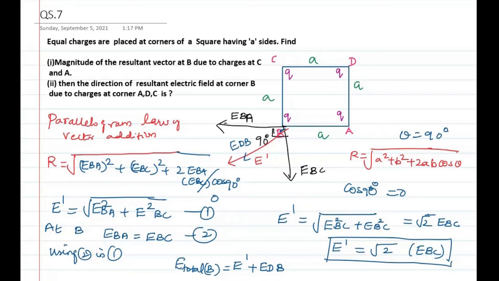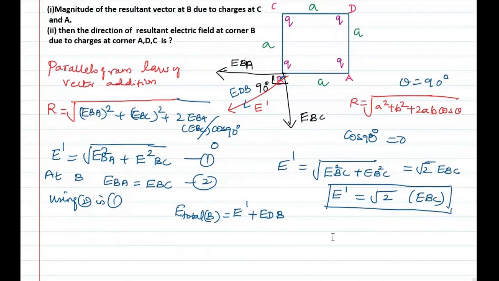The direction of the resultant electric field at the corner due to the charges is along what? The answer is along the DB direction. So the total electric field vector is along the E_DB direction, the summation of E dash plus E_DB.